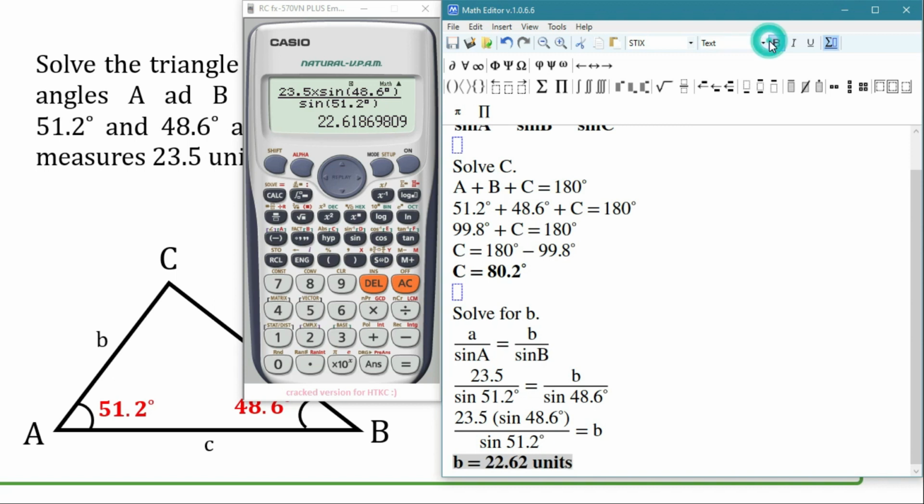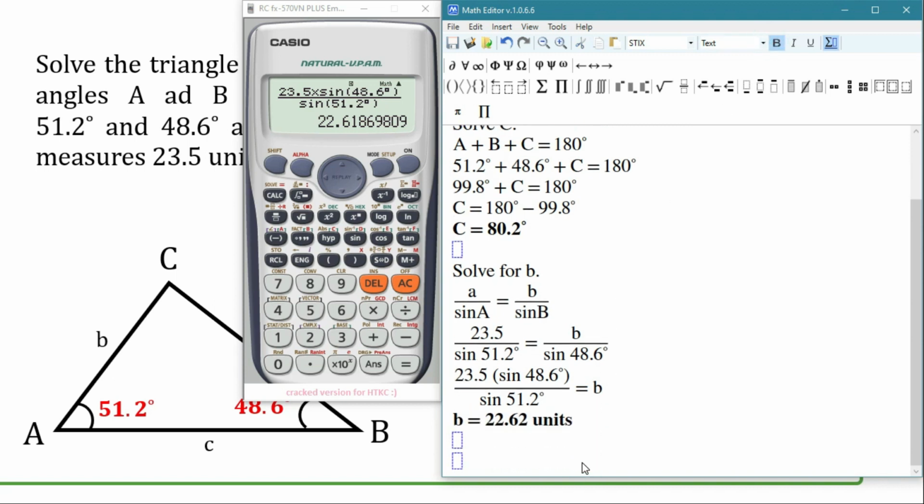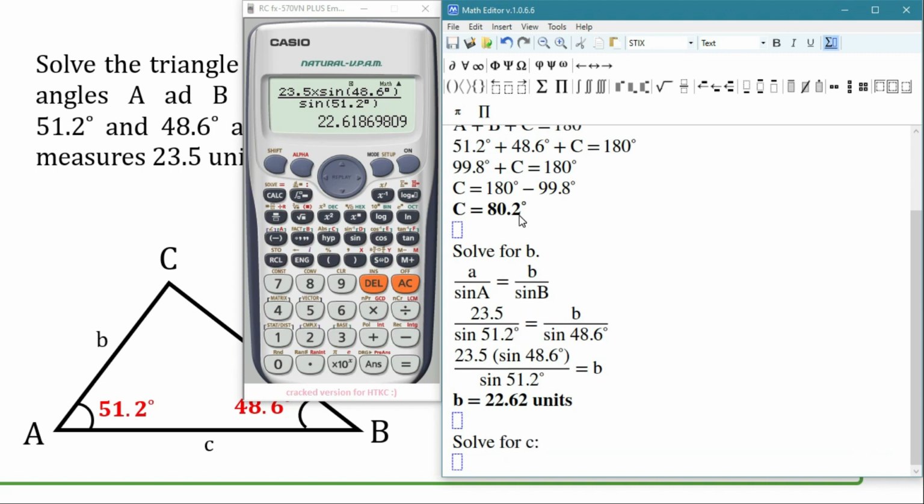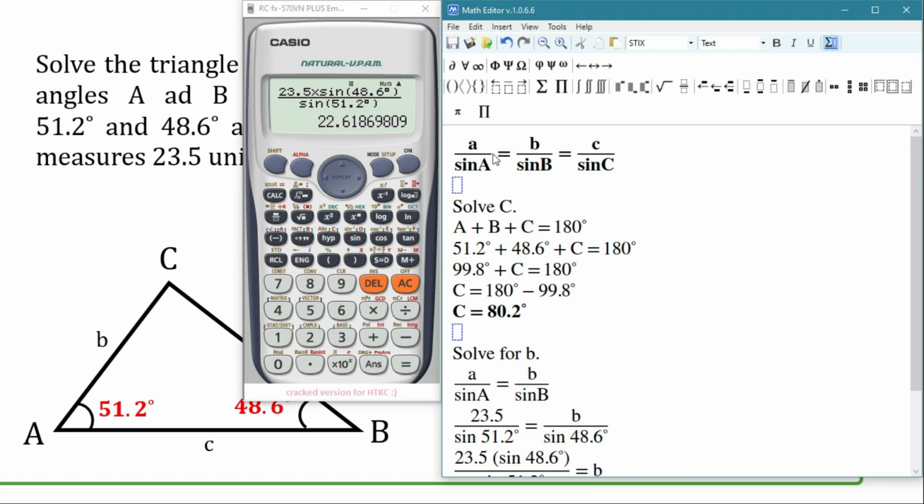Next, we are to find the value of C. So for us to solve for the value of C, we still need to apply the law of sines, since we cannot use the Pythagorean theorem since we are dealing with an oblique triangle. So to solve for C, mag-extract ulit tayo from the law of sines. It's either A over sine A equals C over sine C, or B over sine B equals C over sine C. So kailangan nandun si C. Alright?